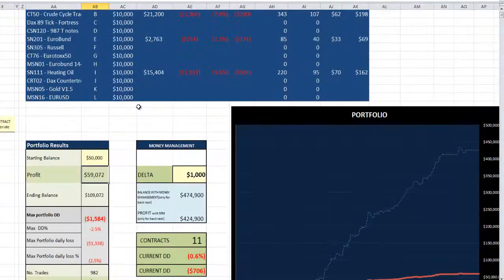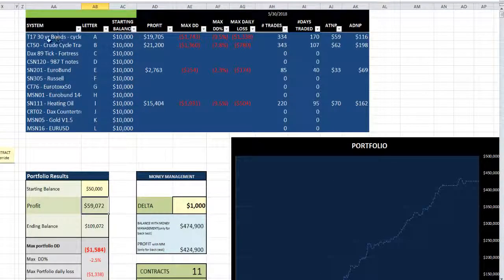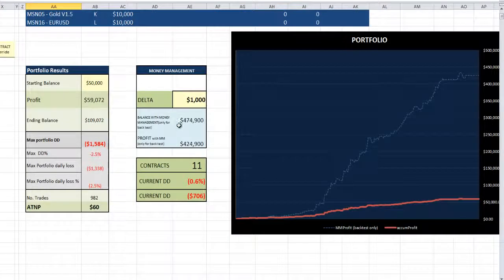And I think I've got 4 systems, T17, CT50, we've got a trending strategy and another trending strategy there. So producing good profit, a profit of 59,000. But when we add in money management, so that delta I spoke to you about, I've nominated a delta of $1,000.